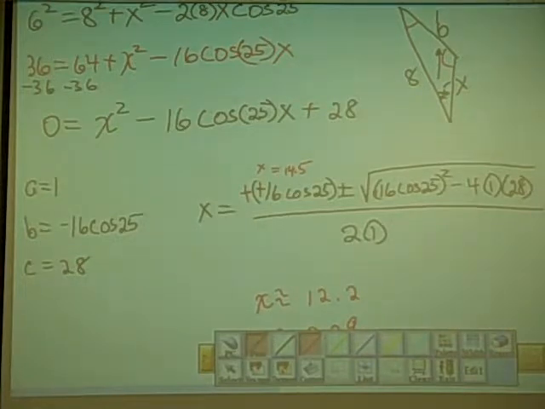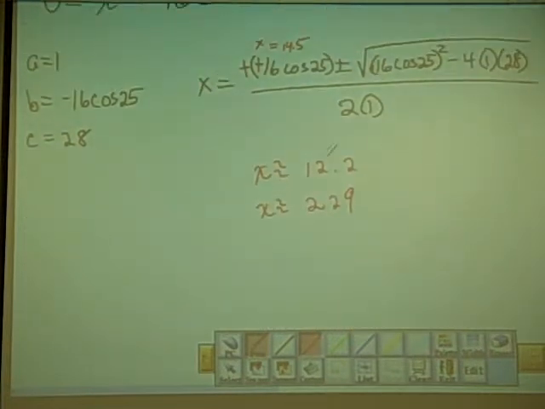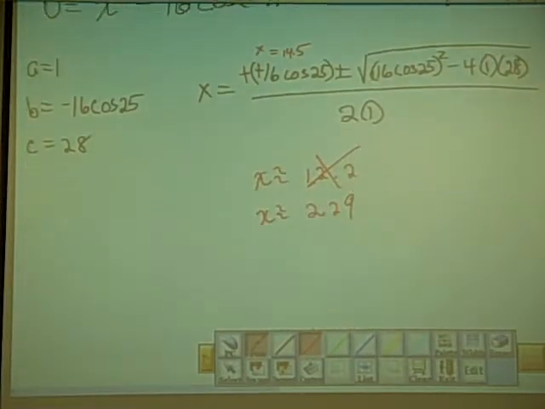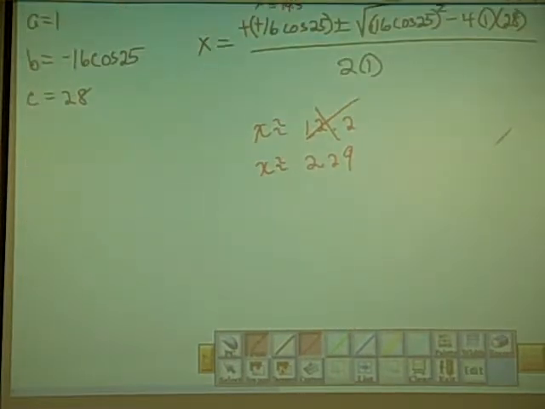So this is the largest angle. That means this has to be the largest side. So that eliminates the 12.2 because that is much larger than the largest side. Okay, the largest angle has to go with the largest side. So 8 has to be the largest side. That means x cannot be 12.2.